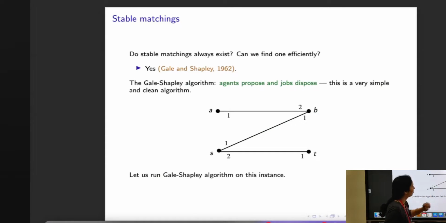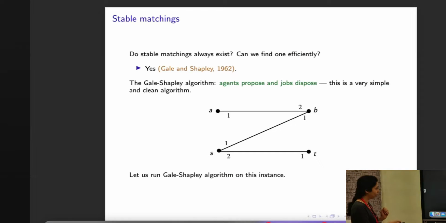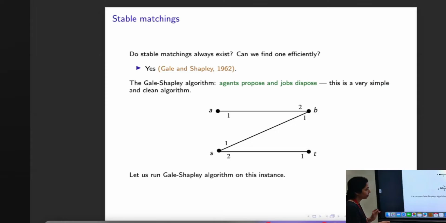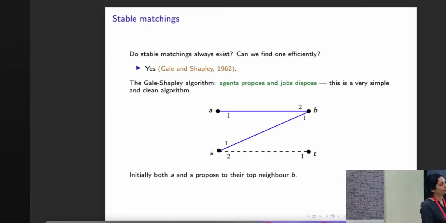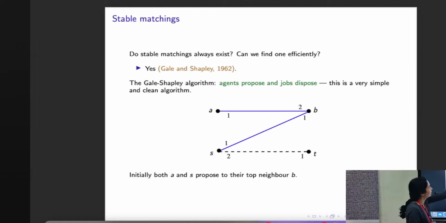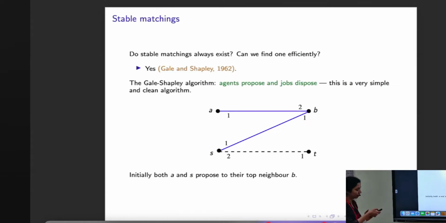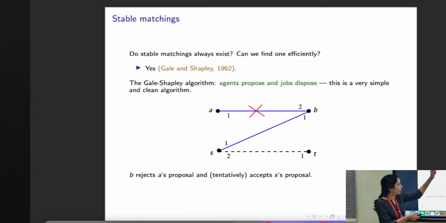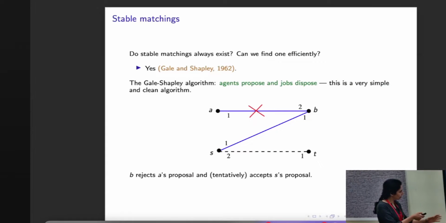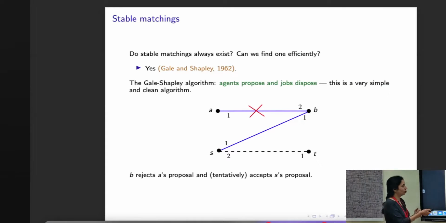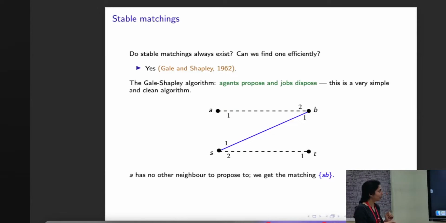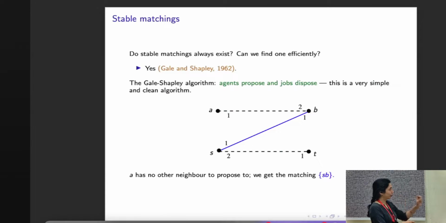Both these agents have the same top job, that's B. And when we run the Gale-Shapley algorithm on this instance, where agents propose and jobs dispose, both of them propose to B, and since B prefers S to A, the job rejects A's proposal and accepts S's proposal, and there is no other proposal to make because A has no other neighbor, so we get this single edge matching. So that's the Gale-Shapley algorithm on this small instance.